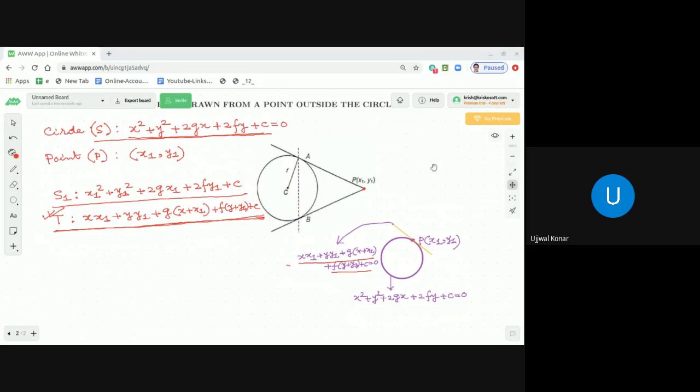Then the combined equation of the tangents from the point P, that means the combined equation of PA and PB.